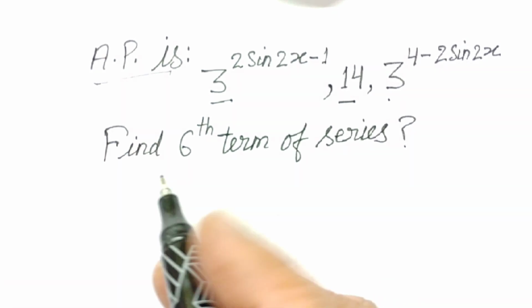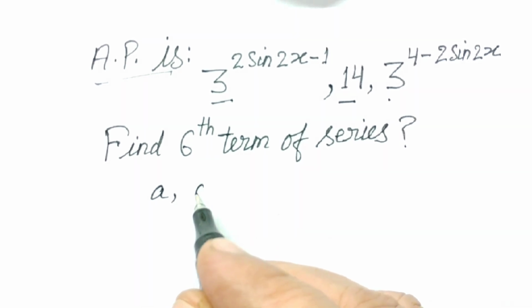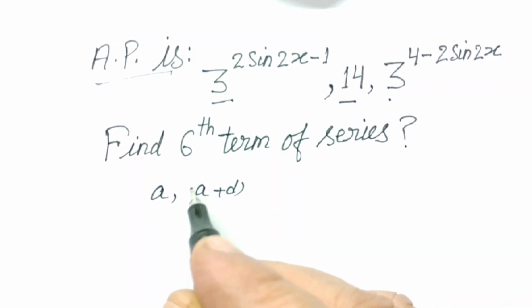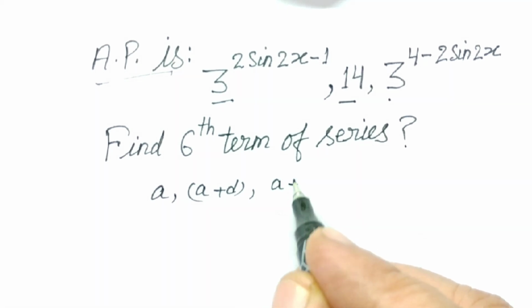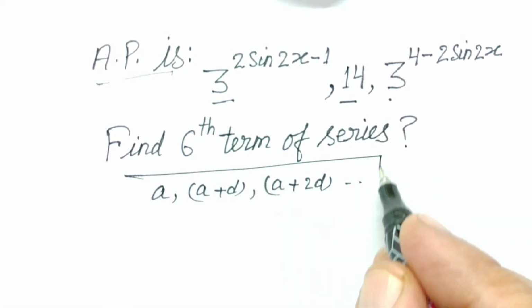So let's start. As we know, a standard arithmetic progression is a, a plus d, a plus 2d.